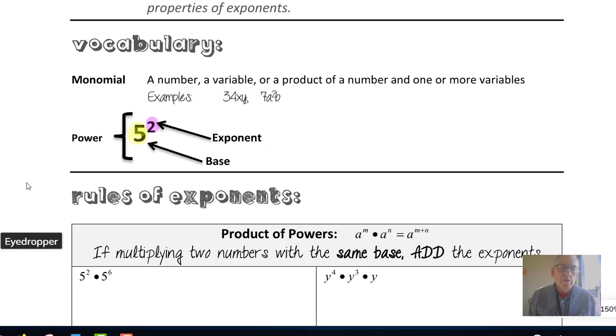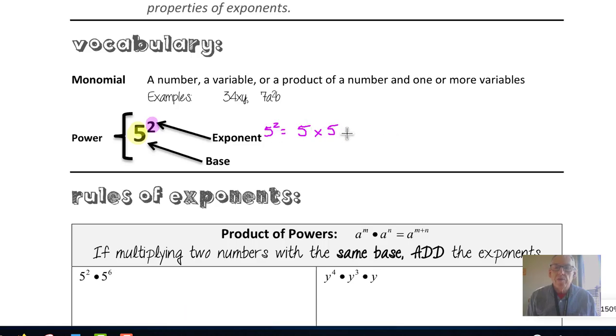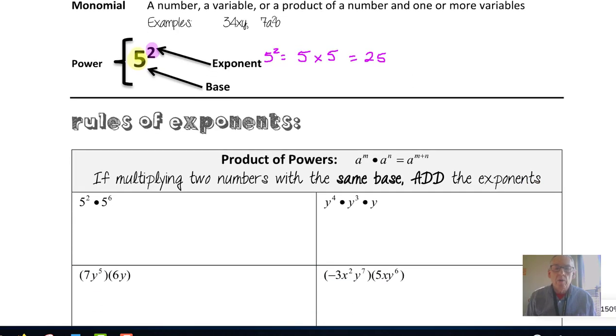In this case, 5 is going to be multiplied by itself twice. So 5 to the second power represents 5 times 5, which is the same thing as 25. So 5 is the base, and the exponent is 2. And a base with an exponent we call a power.